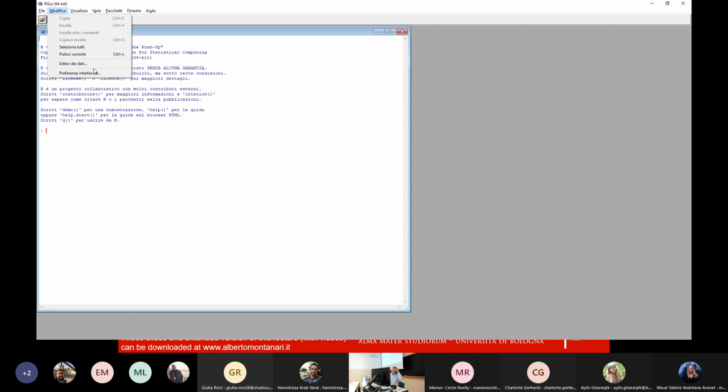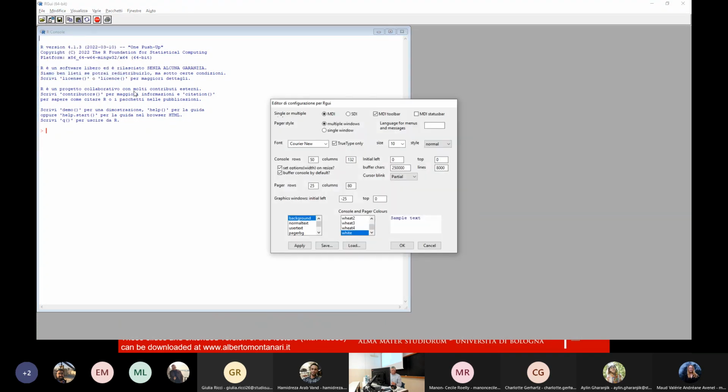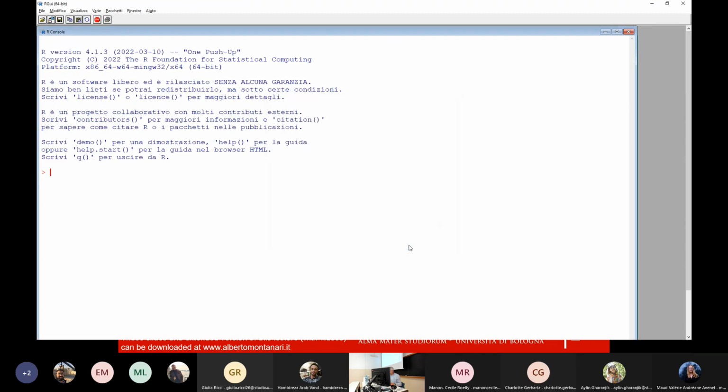I am changing the font so you can see better. Really, this mouse, it's a nightmare. Okay, now you can just copy what I am writing on the console on your RStudio script window, okay?